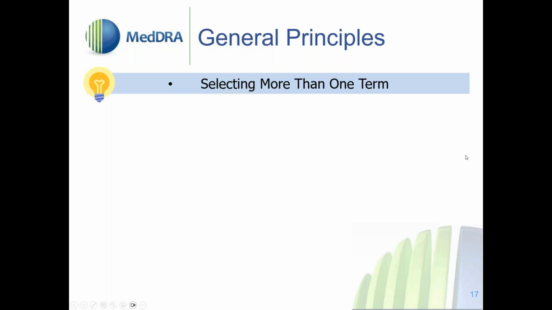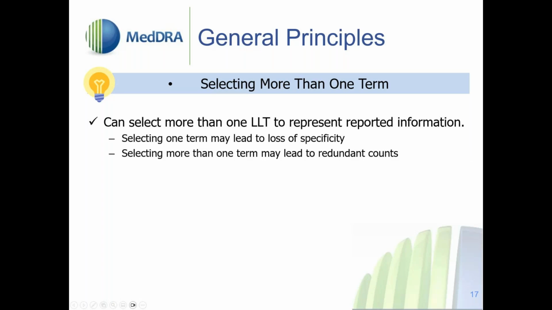Having said that, we should also remind you that in certain forms, like AE forms, if you do select more than one LLT for the same verbatim, this could lead to redundancy in your computed counts, basically increasing the number of your AEs. So from a practical approach, each specific organization should document in their coding conventions how they approach these scenarios.